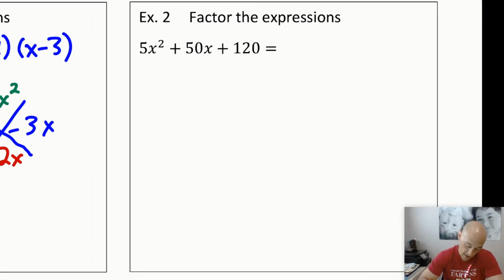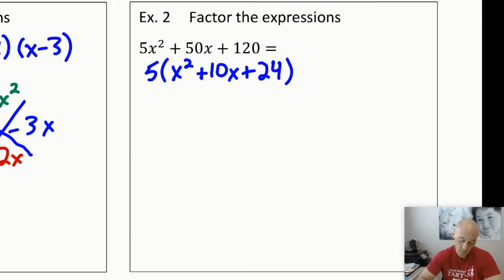Again, we can factor out that 5. So we have 5 times the quantity x squared plus 10x plus, let's see, that's 24. And so now we need to do the box and the diamond on that part right there.